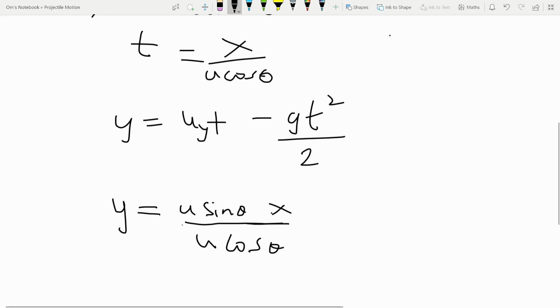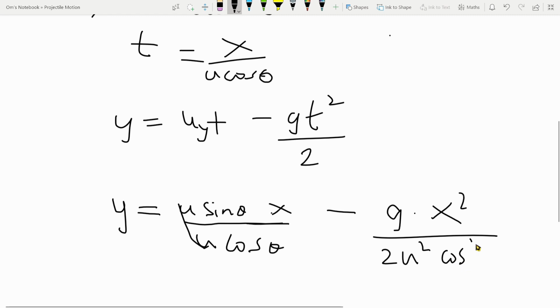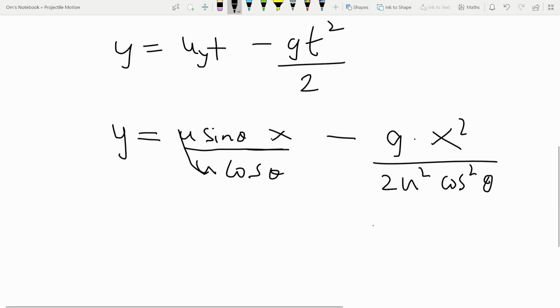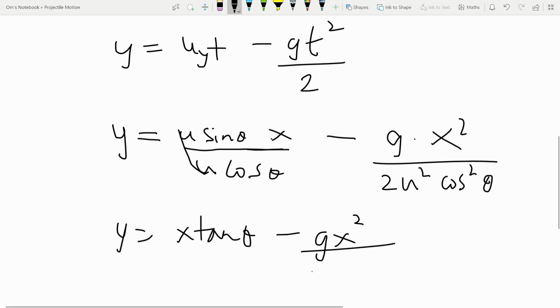Alright, so u gets cut, so that's a good thing, and minus g into x square by 2u square cos square theta. Alright, so the simplified expression is simply y is equal to x tan theta minus gx square by 2u square cos square theta.